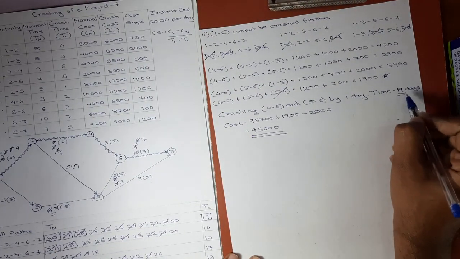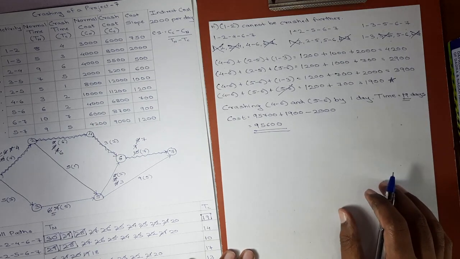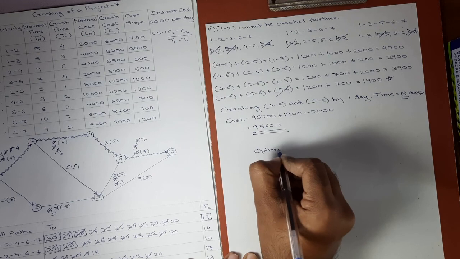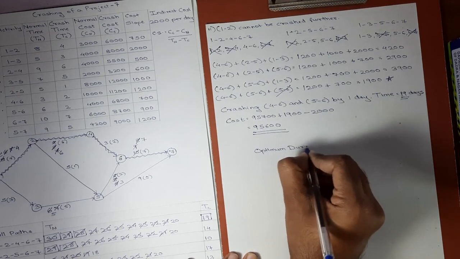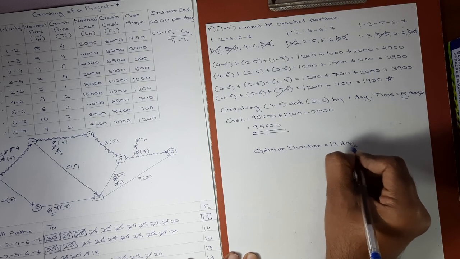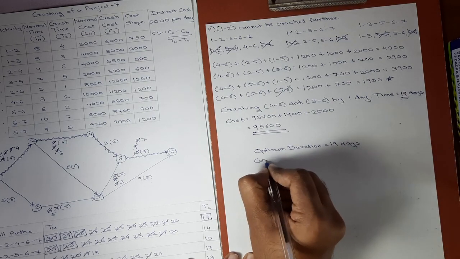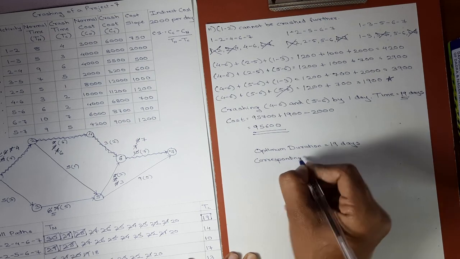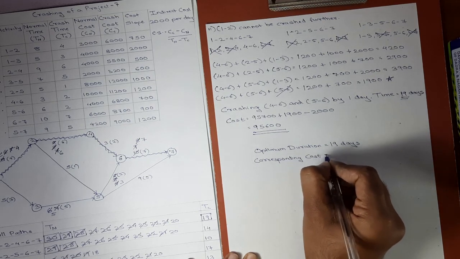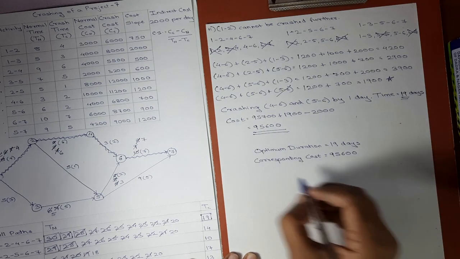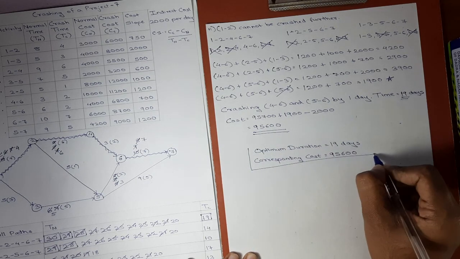Okay, 19 days is reached, we will stop our crashing process, and our final answer will be optimum duration is 19 days and the corresponding cost will be 95,600. This is our final answer.